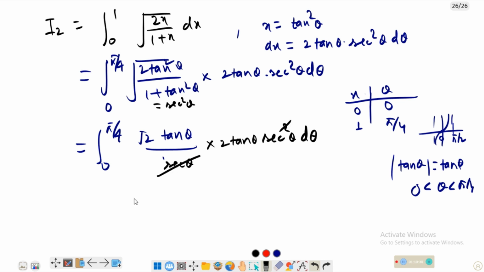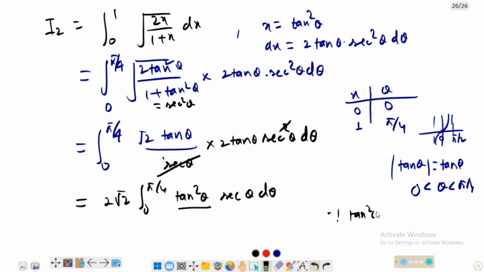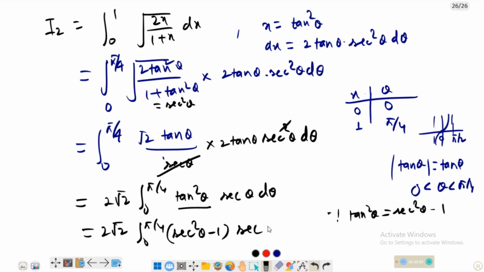and this is 2 tan theta into sec square theta d theta, so this cancels out. So this is equal to root 2 integral 0 to pi by 4 tan square theta sec theta d theta. We use this formula to calculate this integral: tan square theta is equal to sec square theta minus 1, so this is 2 root 2 integral 0 to pi by 4 of sec square theta minus 1 into sec theta d theta.